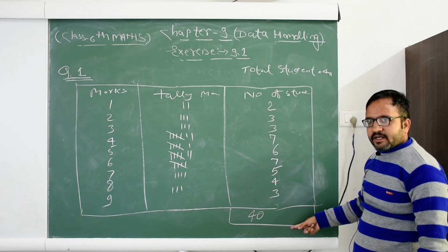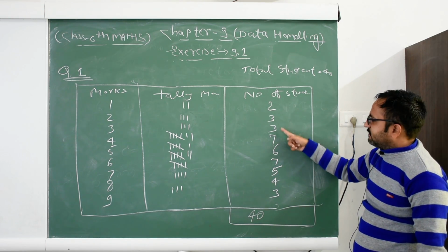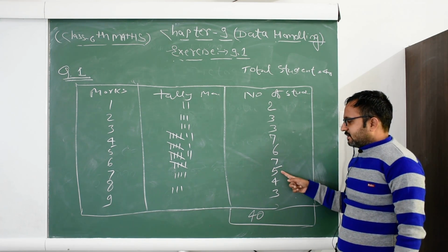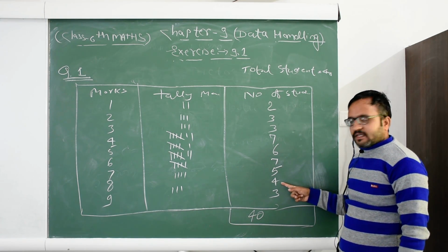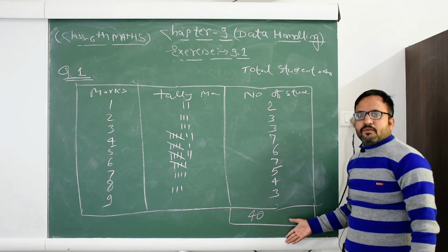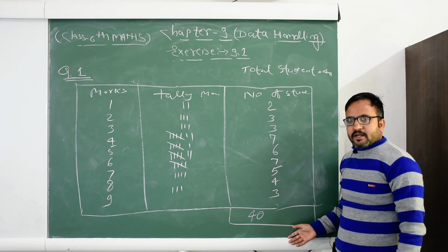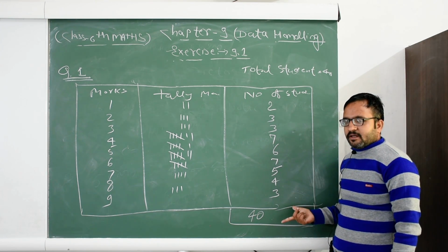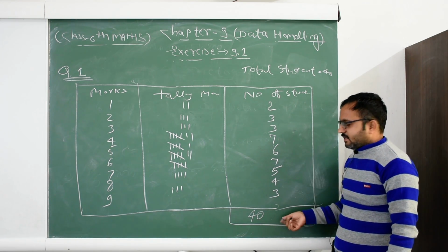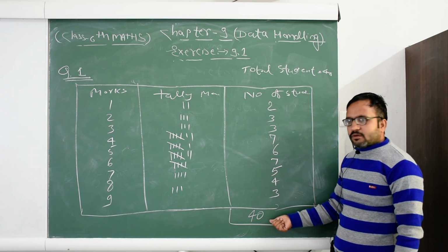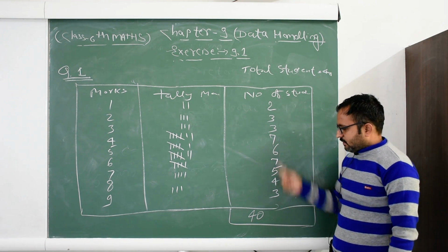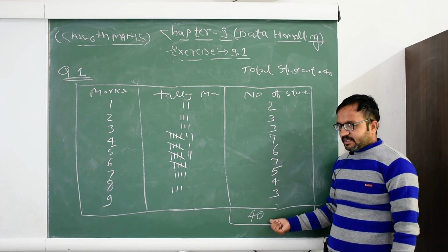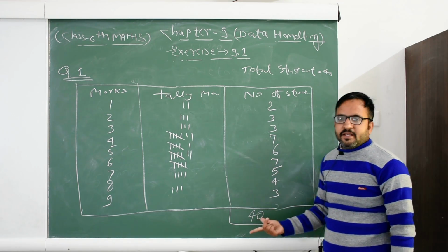Now we add these numbers: 2, 3, 5, 5, 3, 8, 15, 21 and 7, 28, 33, 37 and 40. So if this number is not 40, your answer will be incorrect. We add these numbers and our answer is equal to 40, so your answer is right.